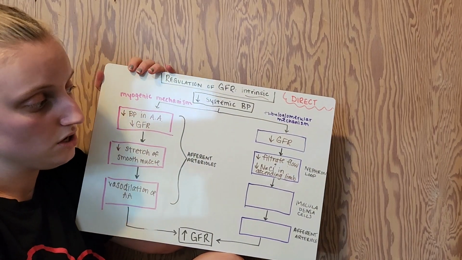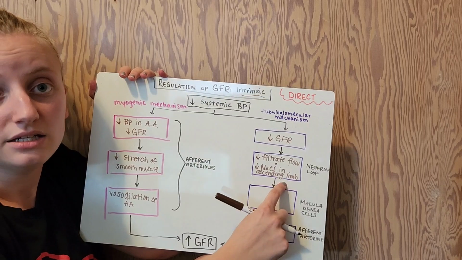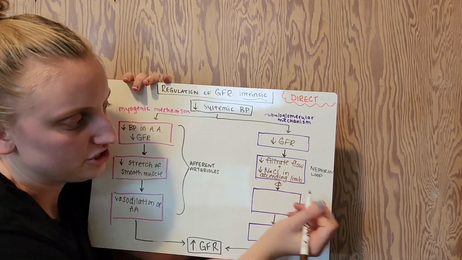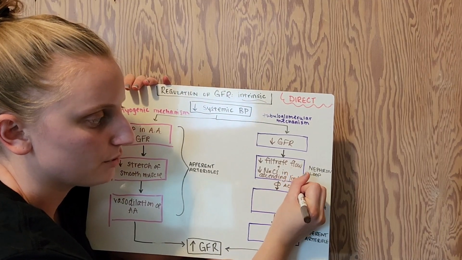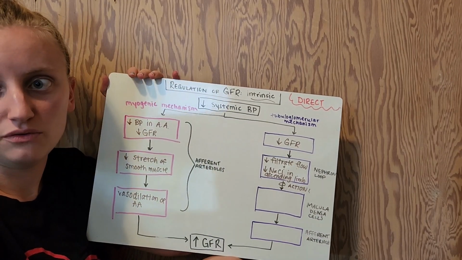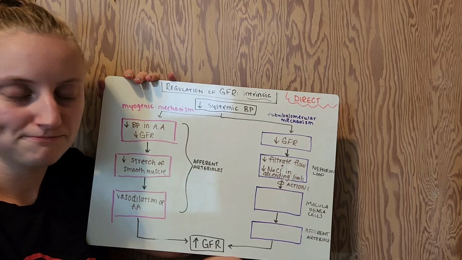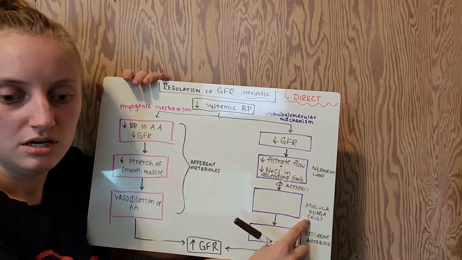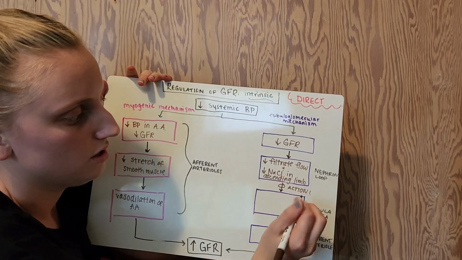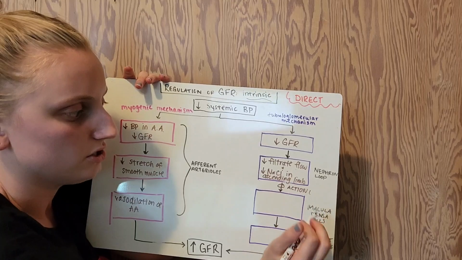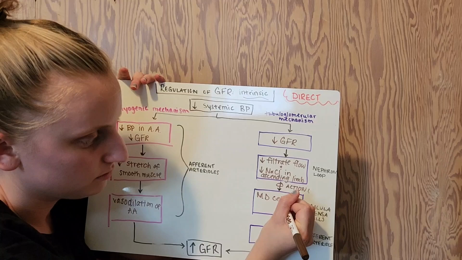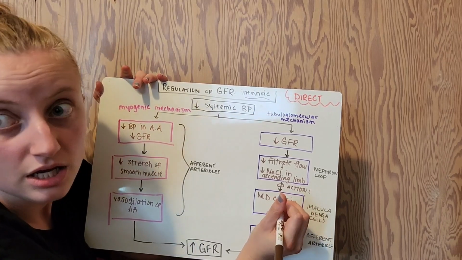Great. What happens next? Well, because of this, in our ascending limb of the nephron loop, we have action, lights, camera, action, on our macula densa cells of our juxtaglomerular complex. So we're in our kidneys, our macula densa, those cells that are part of our DCT. So this box, we act on our macula densa cells, which are in the kidney.